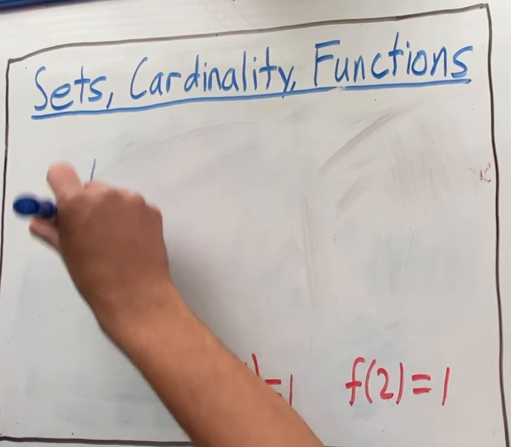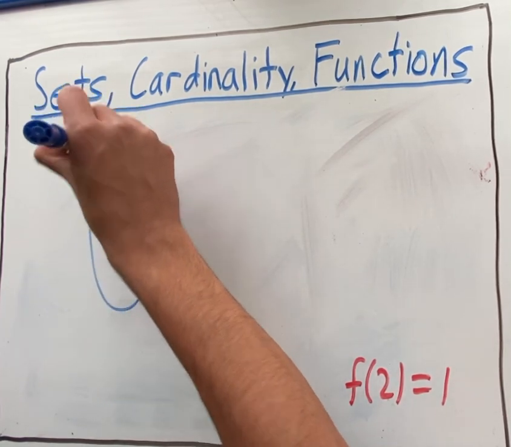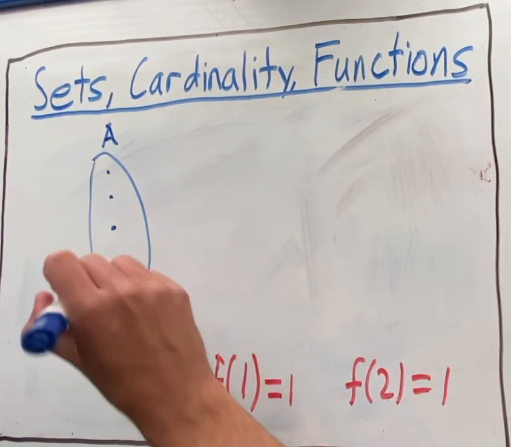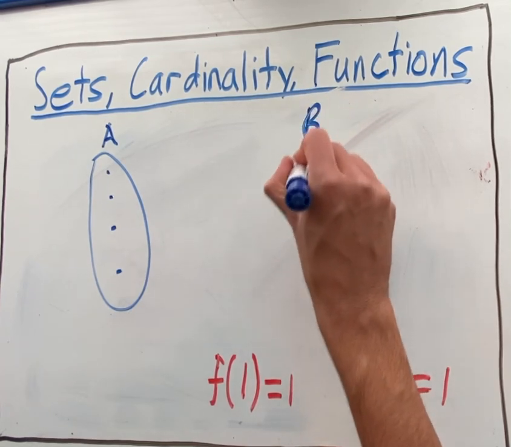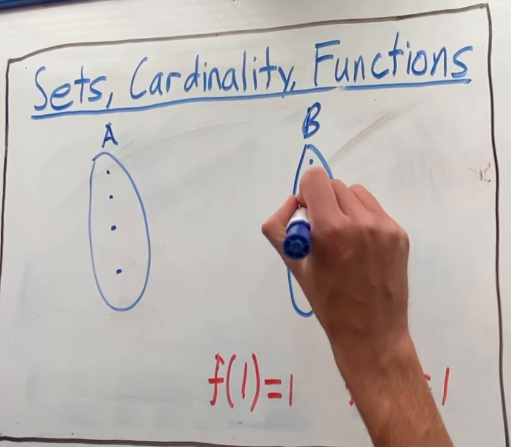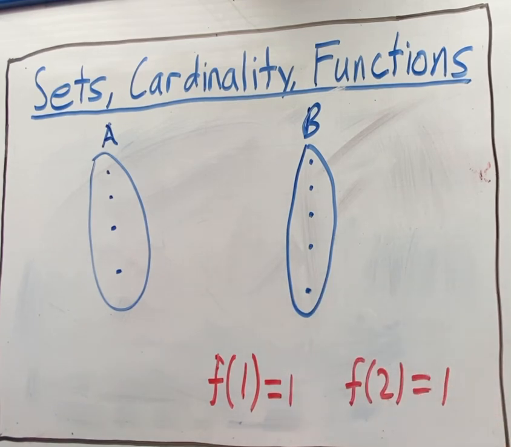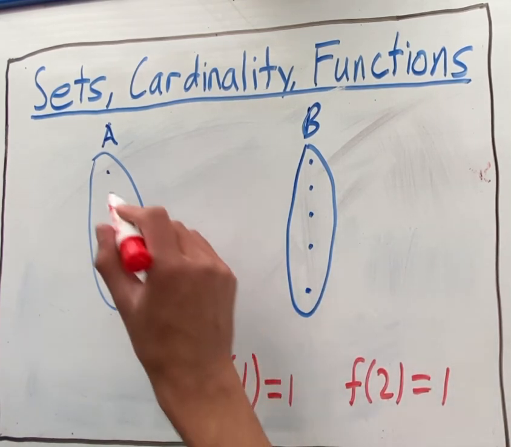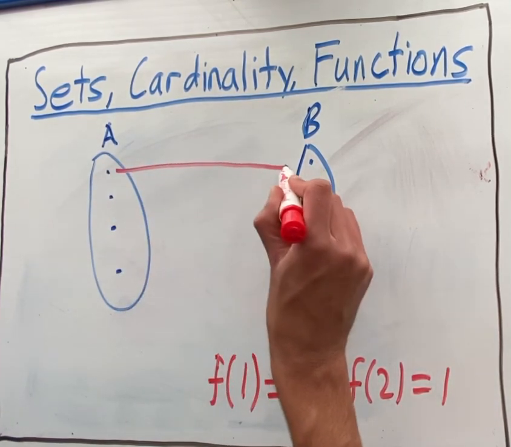So this time let's have 4 elements in A and 5 elements in B. So this time let's have the function f.